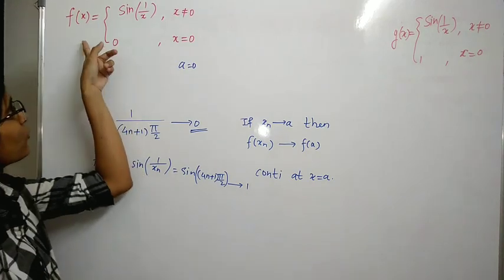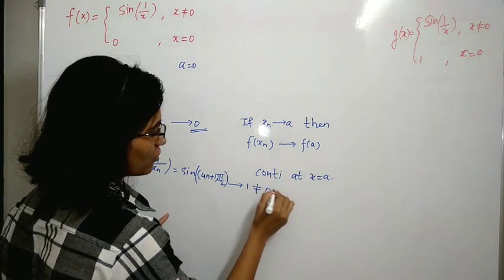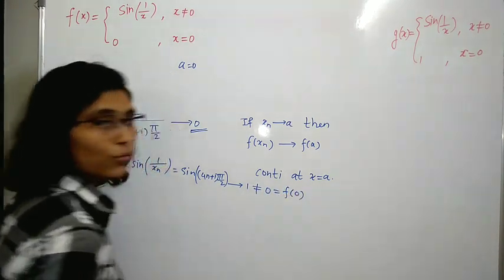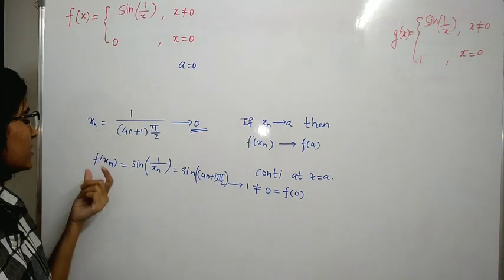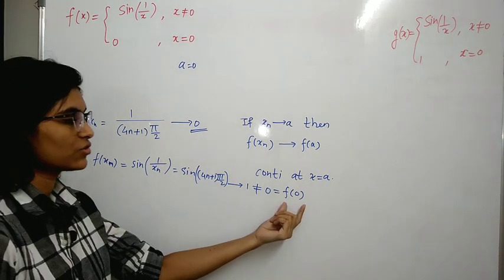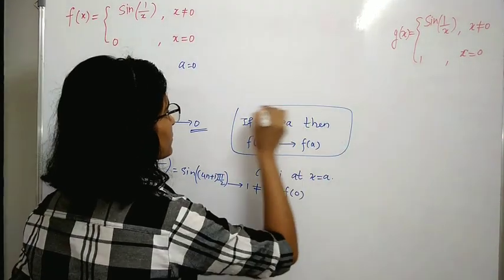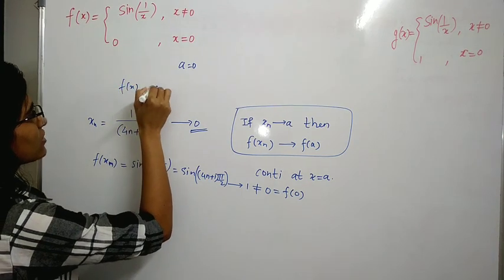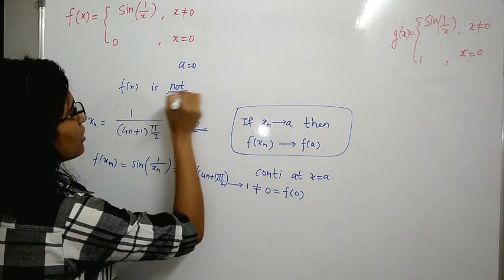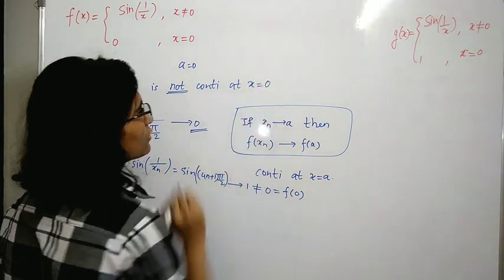Now what is f of 0? F of 0 is just 0, and clearly 1 is not equal to 0, which is f of 0, right? So we have a sequence xn converges to 0, but f of xn does not converge to f of 0. So by this criterion the function f of x is not continuous at x is equal to 0.